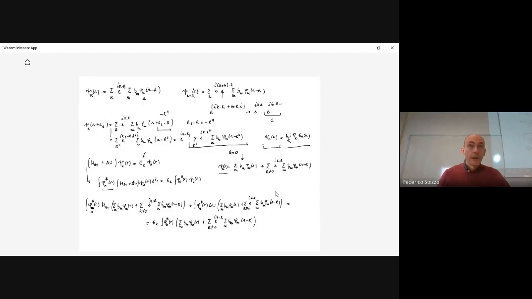There are 2 points where we may exploit the fact that the atomic wave functions are orthogonal with each other. One point is here, because in this case we have a scalar product between the orbital corresponding to index n and the orbital corresponding to index m, belonging to the same ion. In between, we have the atomic Hamiltonian, but the atomic orbitals are solutions of the atomic Hamiltonian.